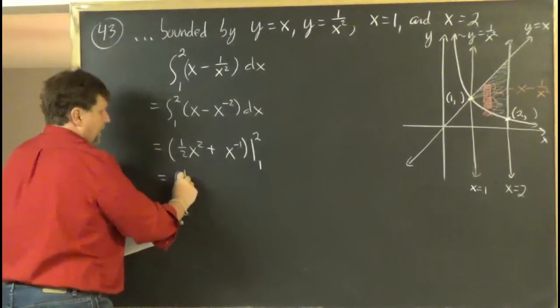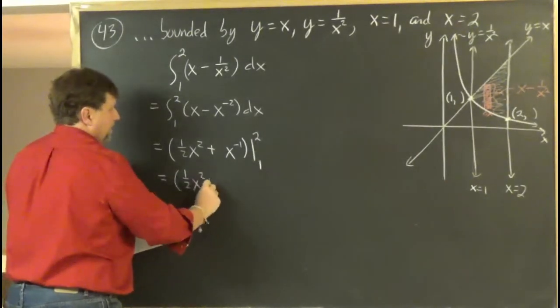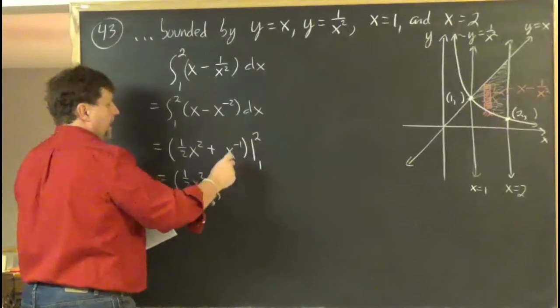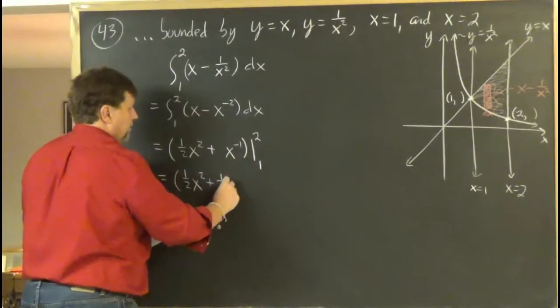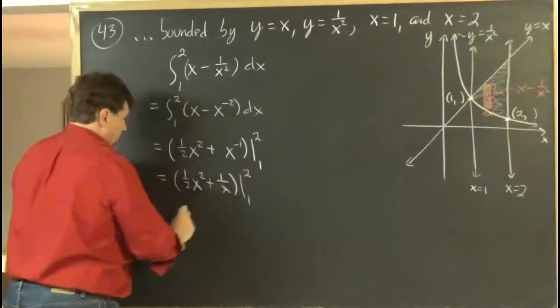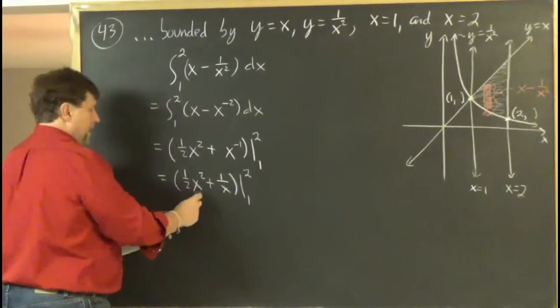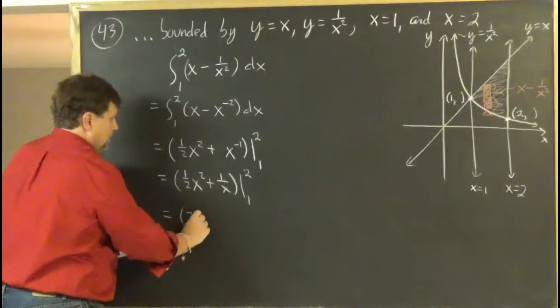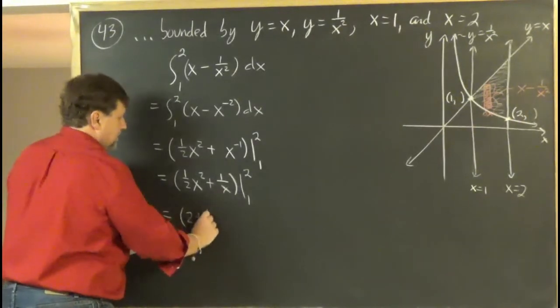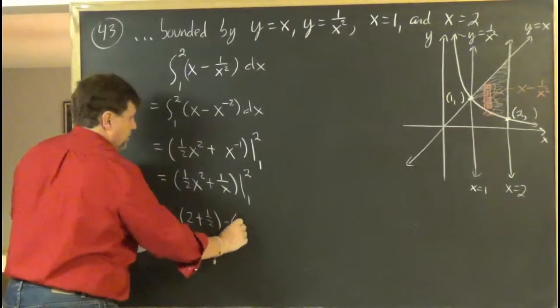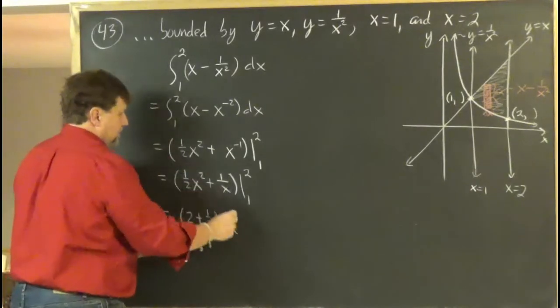And you know what, before I would even think about doing any evaluation, I would rewrite x to the negative 1 as 1 over x. So the 2 goes in first. So 2 squared is 4. 1/2 times 4 is 2 plus 1/2, minus the 1 comes in. Well, 1 squared is 1.